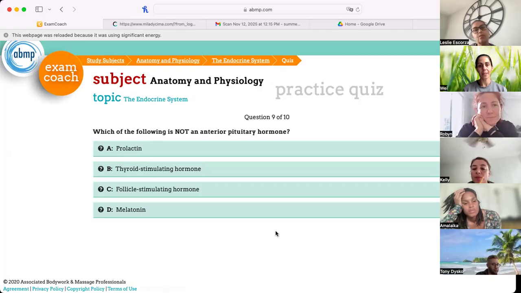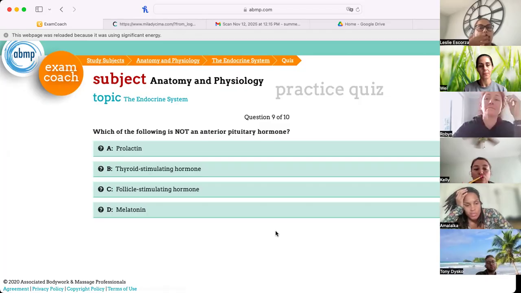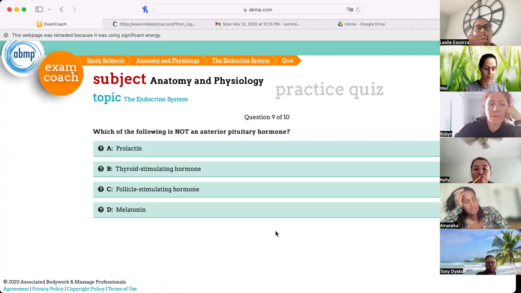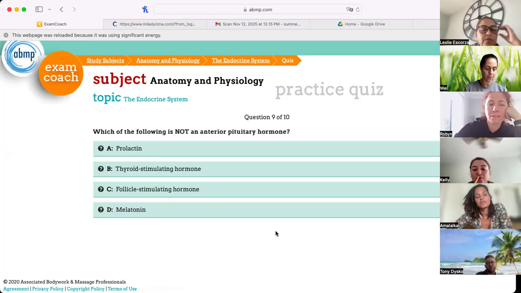Which of the following is not an anterior pituitary hormone? D. Follicle. I think C too. C is in cat, right?